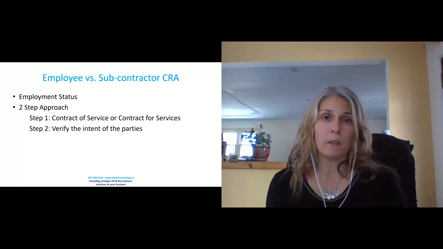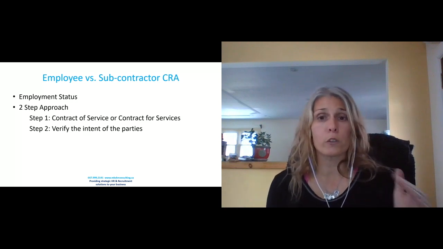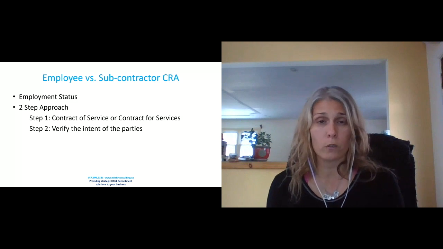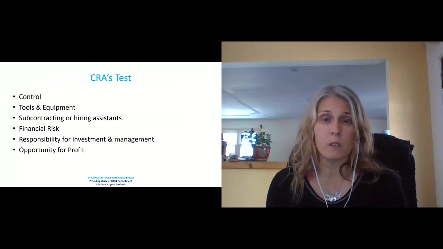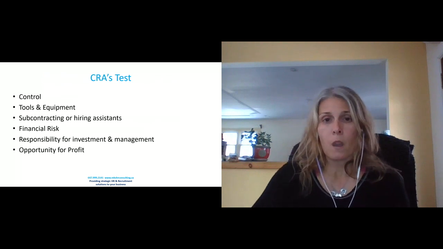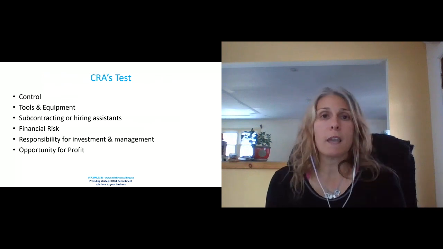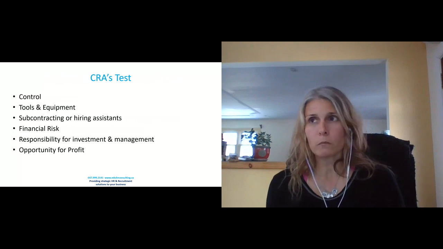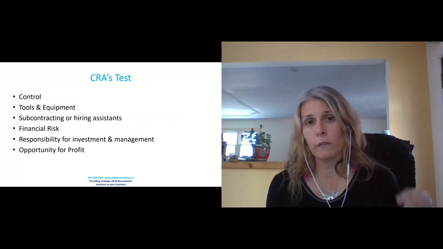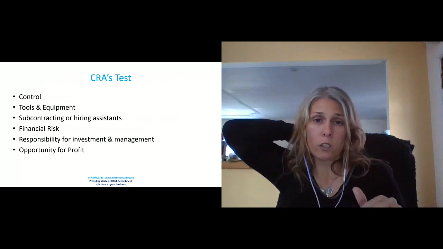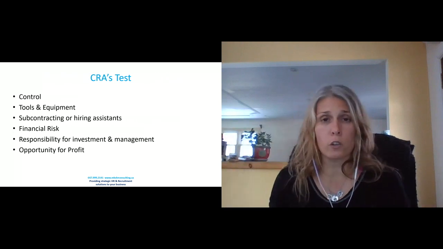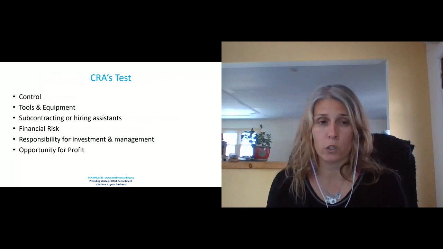Whereas an independent contractor agreement or a service agreement, which is a contract for services, the intent is that it's a business relationship. And so what the CRA does is they have this test and they look at all of these areas. And based on these areas, they then determine if it's a contractor or an employee relationship.